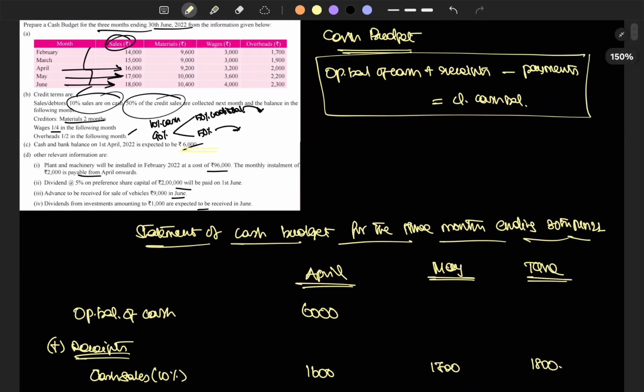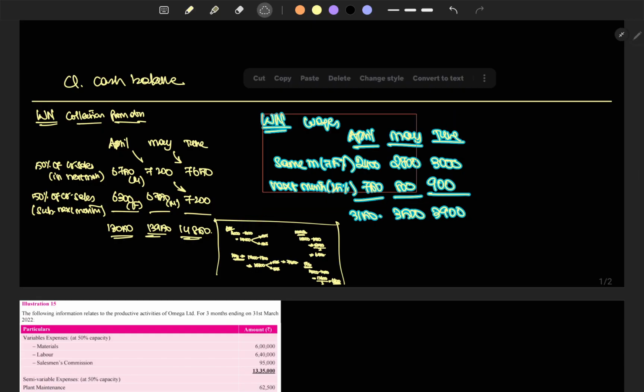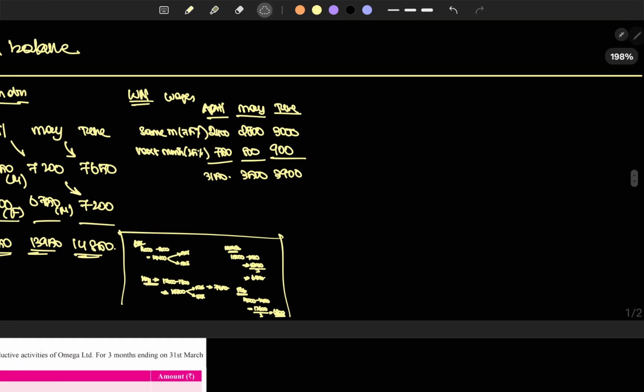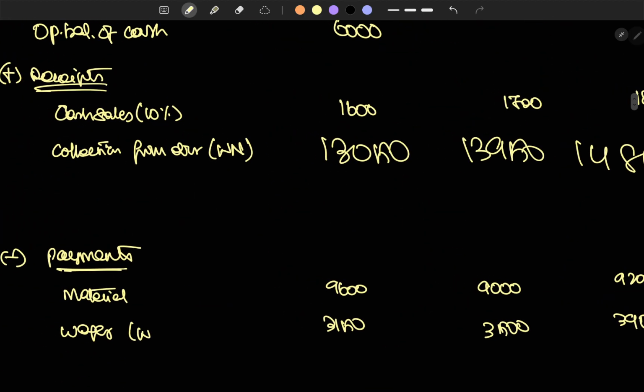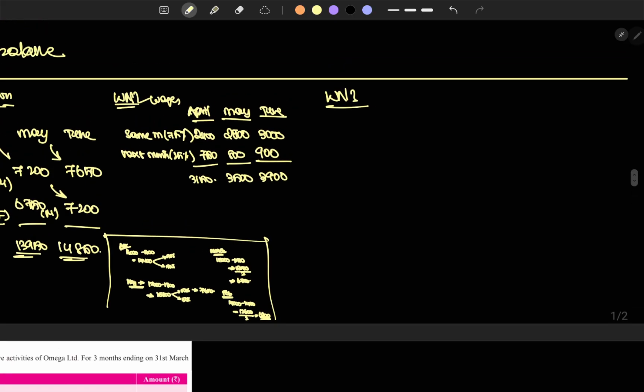Okay, the next thing is overheads. Half month of overheads paid in the same month, half is next month. Working note 3, overheads.